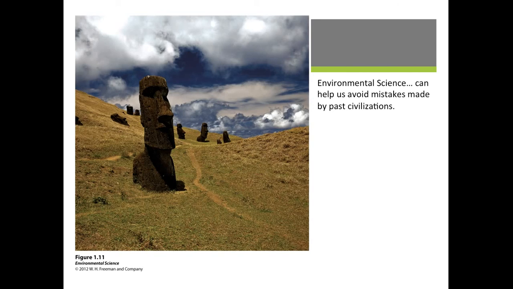So by studying environmental science, we can help to avoid mistakes that have been made by past civilizations. Easter Island in the South Pacific provides us a cautionary tale. The island, also known as Rapa Nui, was once covered with trees and grasses.